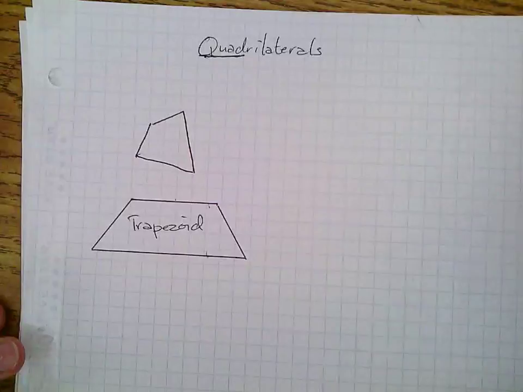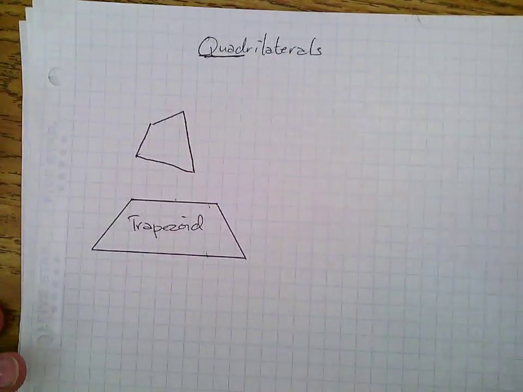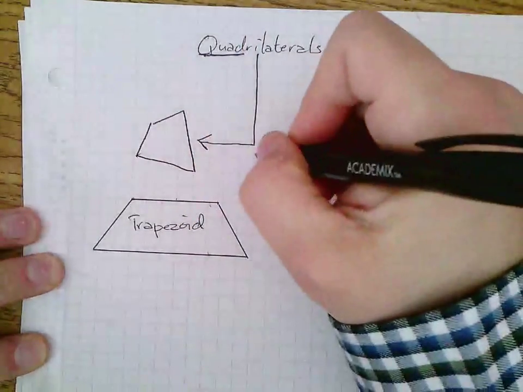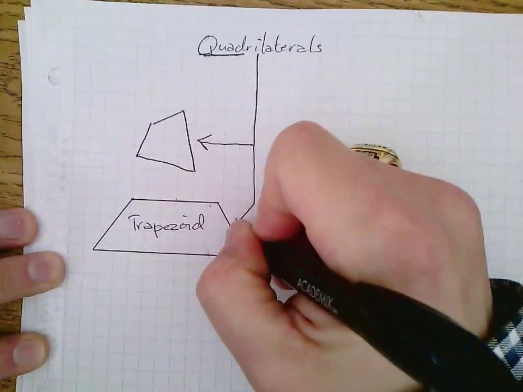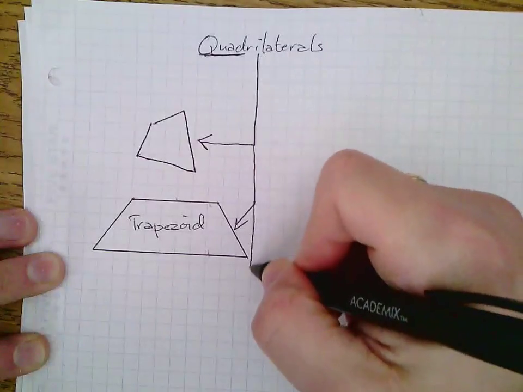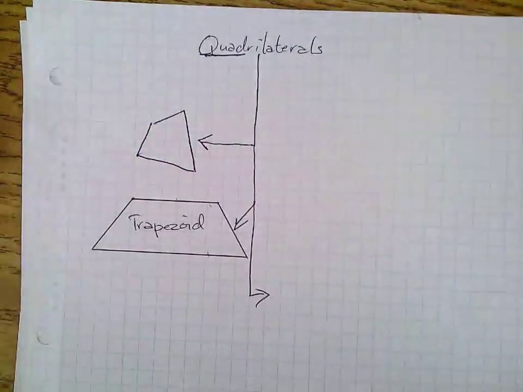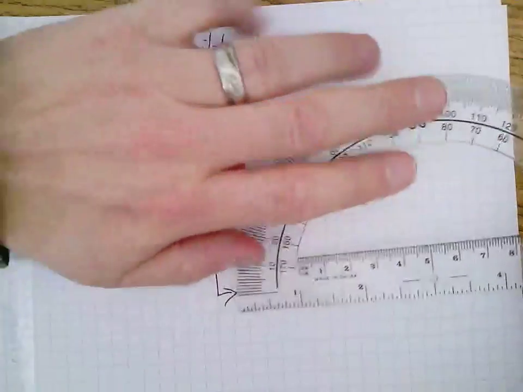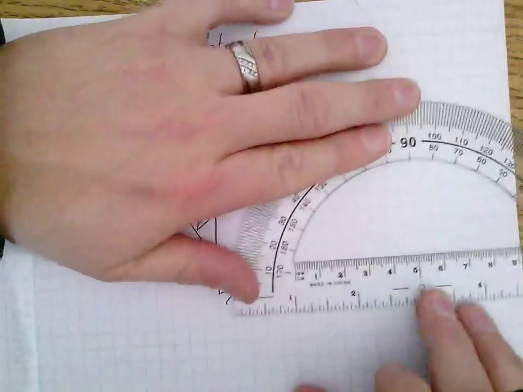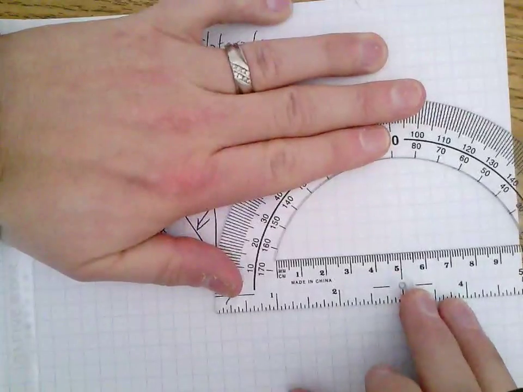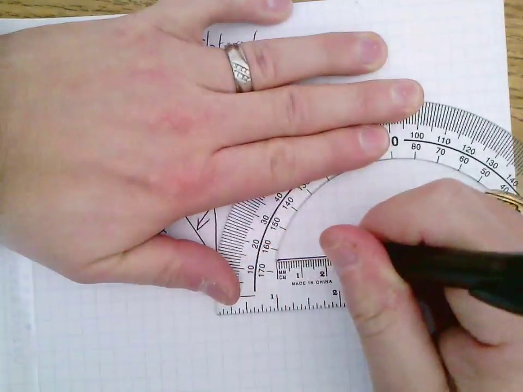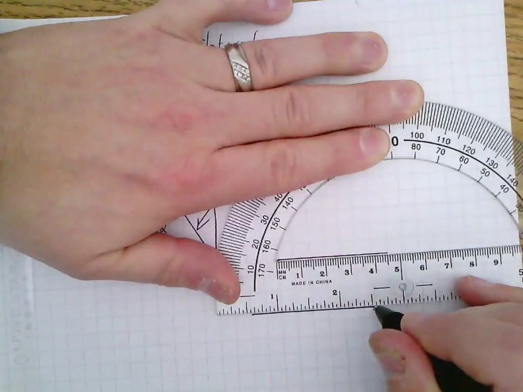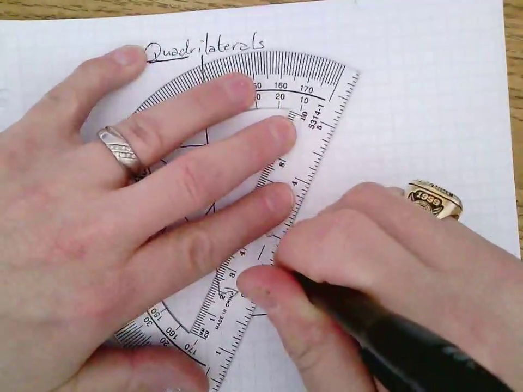Now, there are also quadrilaterals that have two sets of parallel sides. So, let's see, we have irregular quadrilaterals. We have trapezoids. Now we're going to make another branch on our little tree here that we're building. And this is going to be quadrilaterals that have two sets of parallel sides. And so I'm going to just make that right here, and right here, and I'm going to connect them together.